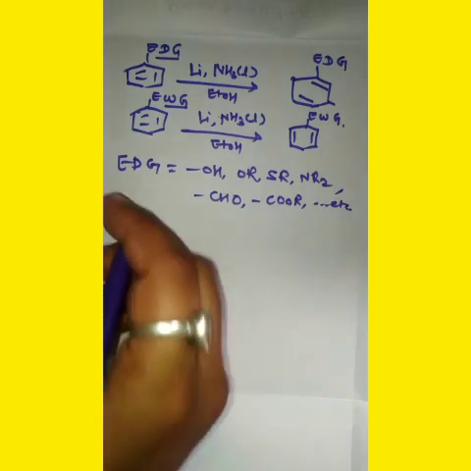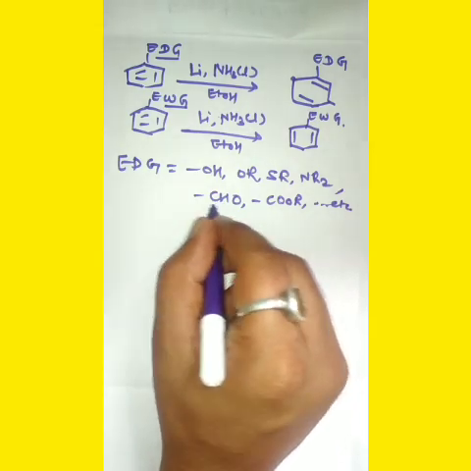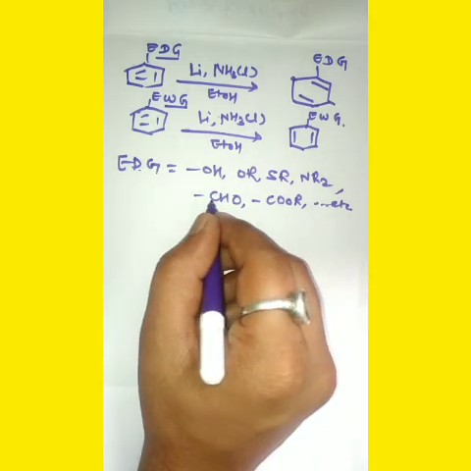Now the question arises in your mind: why can I write aldehyde and ester in the electron donating group category?